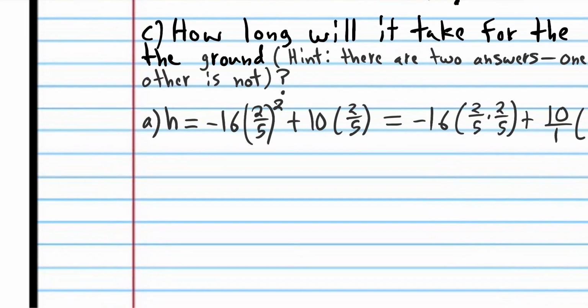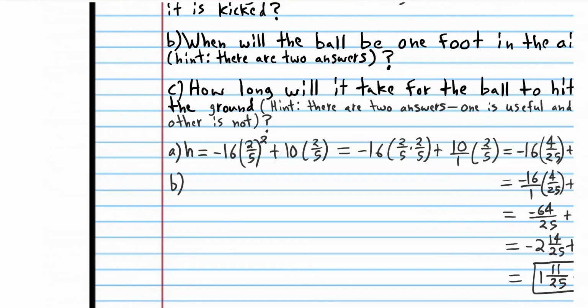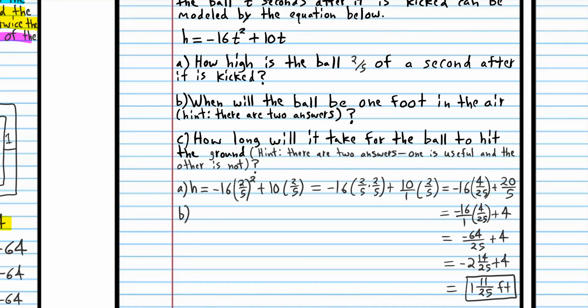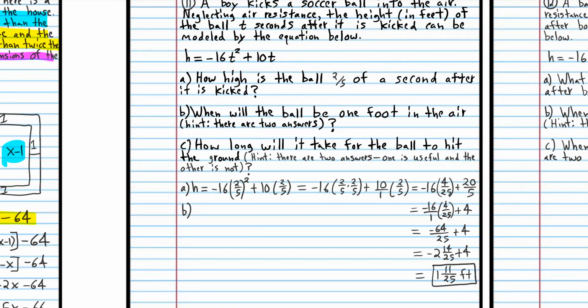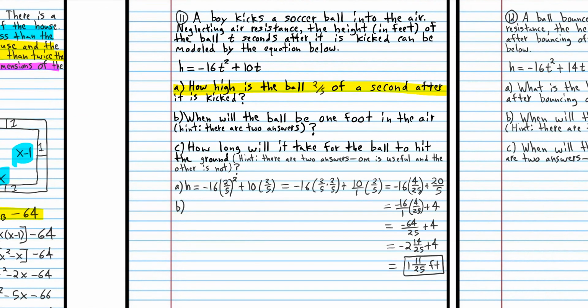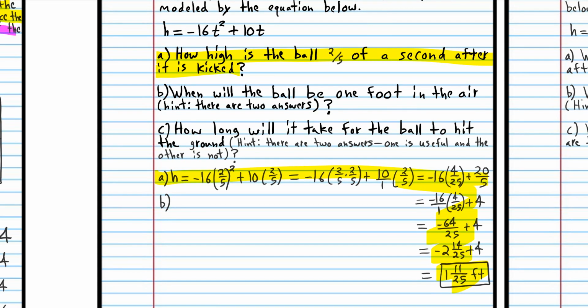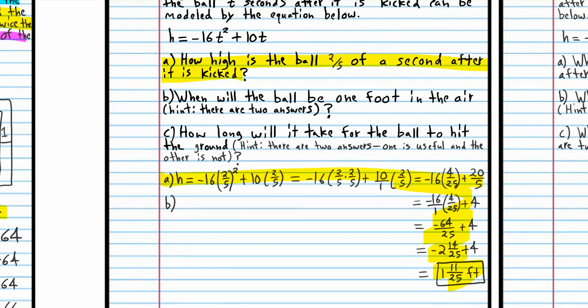All right, on to part B. Let me color code that. When will the ball be 1 foot in the air? So we let h be 1.